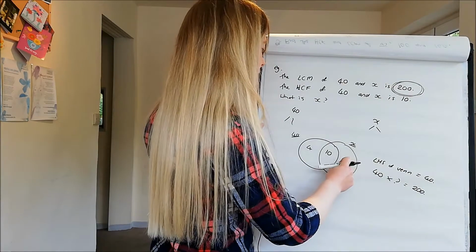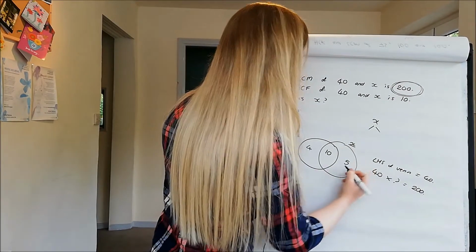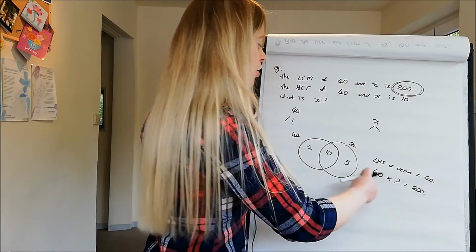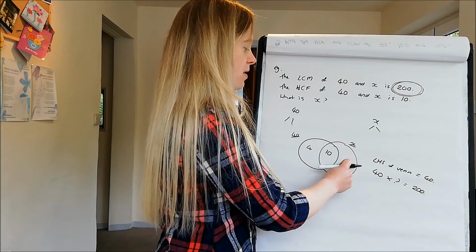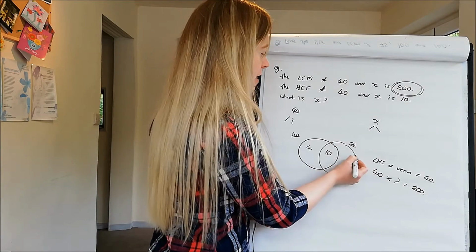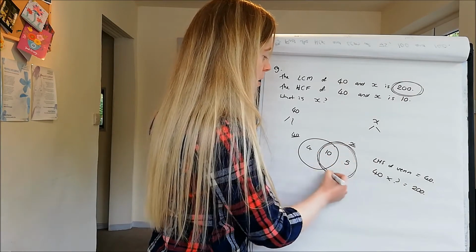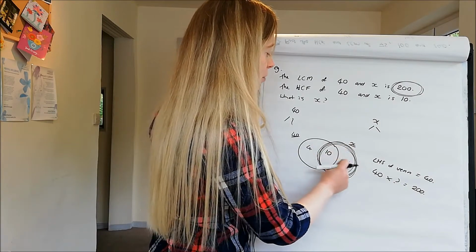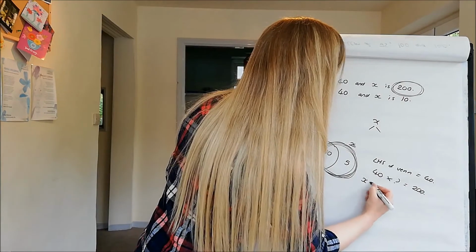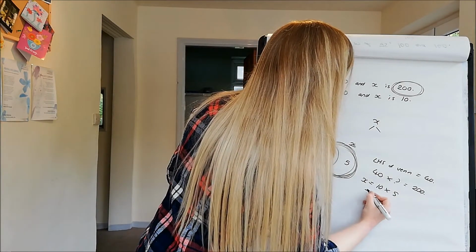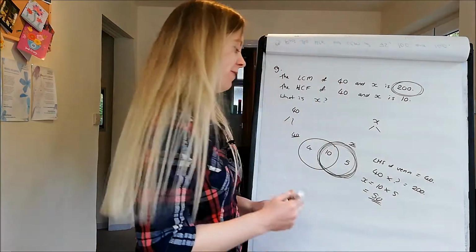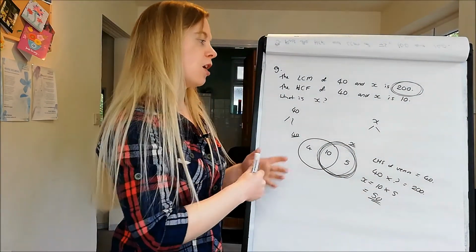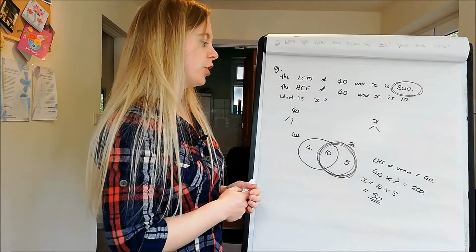So the something there must have been 5, because 40 times 5 makes 200. So the missing number on this side of the Venn diagram is 5. And then this whole circle here represents x. And so x must have been those two numbers times together, which is 50.